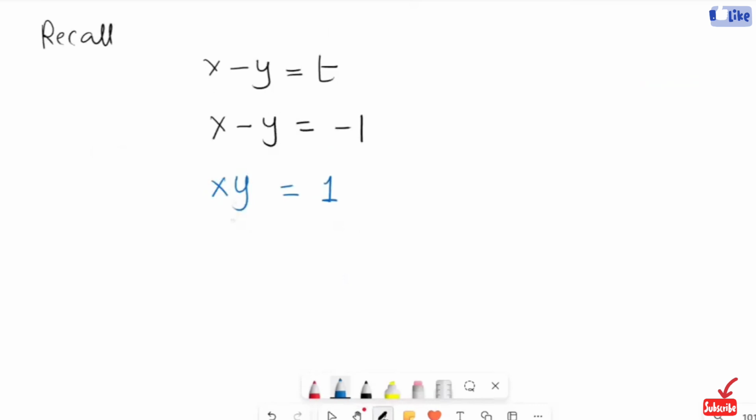Now I want to find out the value of y here. So I am going to rearrange this equation: take this y to the right-hand side and this negative y to the left-hand side. So this equation turns to y = x + 1.